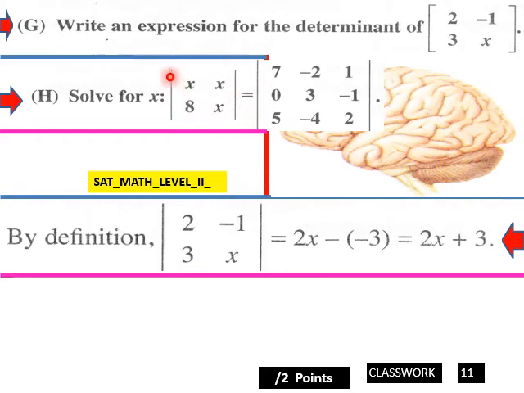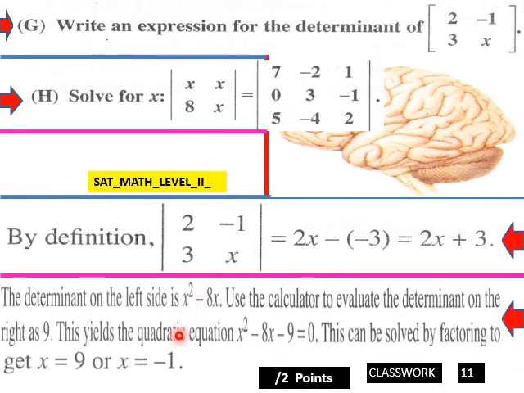So we have this matrix here equals this matrix here. The determinant on the left side is x squared minus 8x. Use the calculator to evaluate the determinant on the right as 9. If you knew how to do this by hand, then you could do it by hand, but they recommend using a calculator, which is great, but you can also do it by hand.